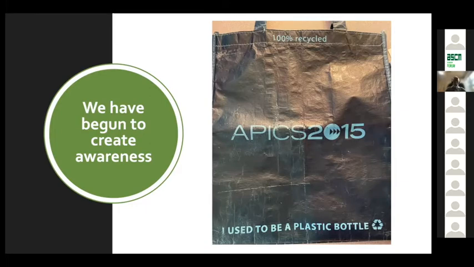But anyway, this was the beginning of creating awareness and doing it through the APICS people that were starting to show up. And if you notice, every time you go to an APICS event where there's going to be swag, the swag usually has something in it that is recycled or has something to do with green awareness.